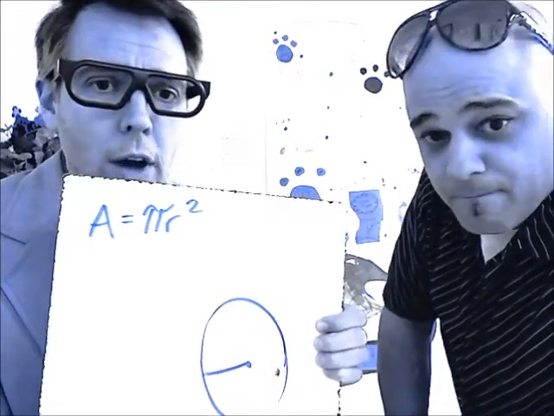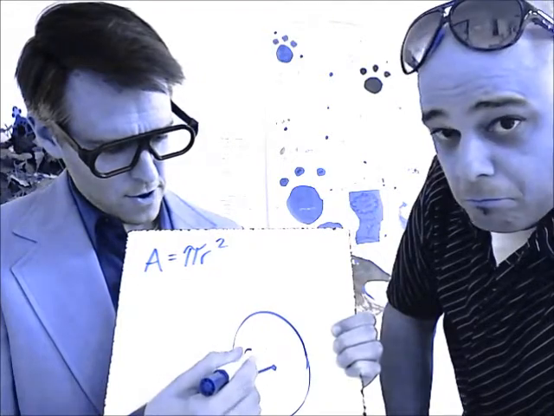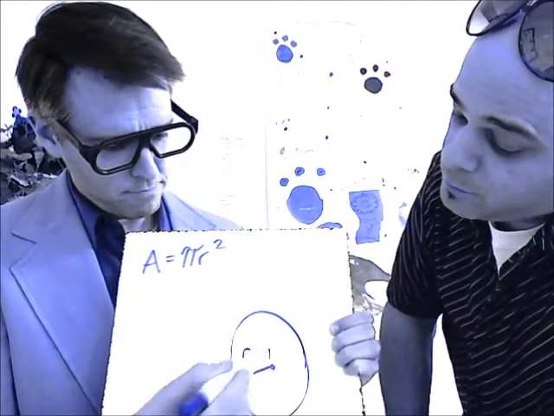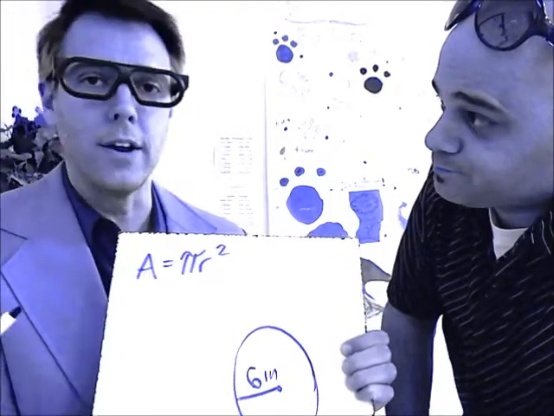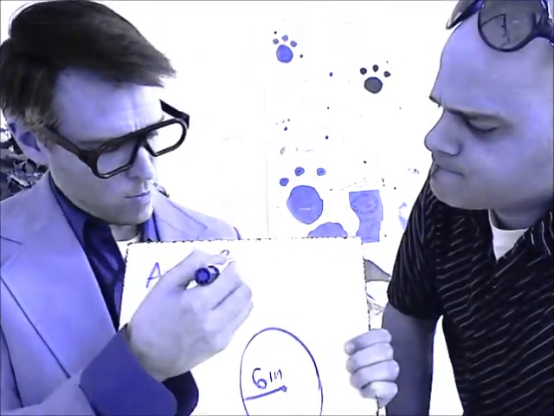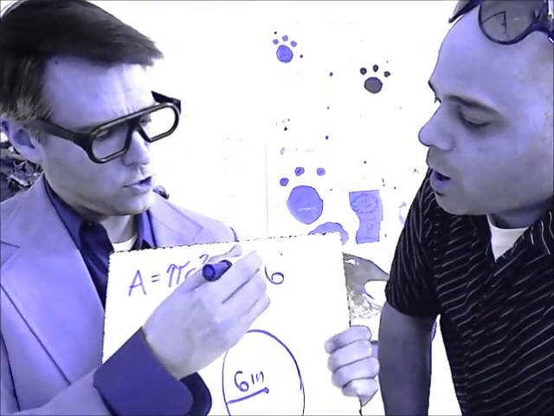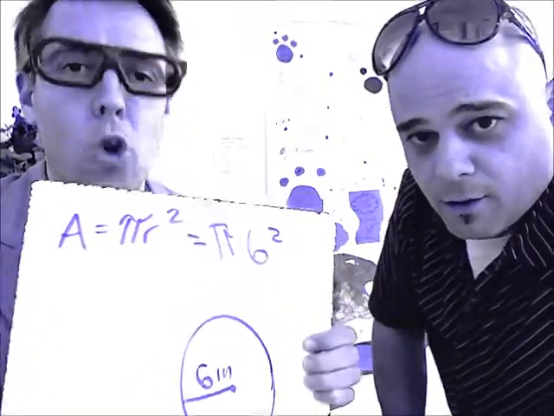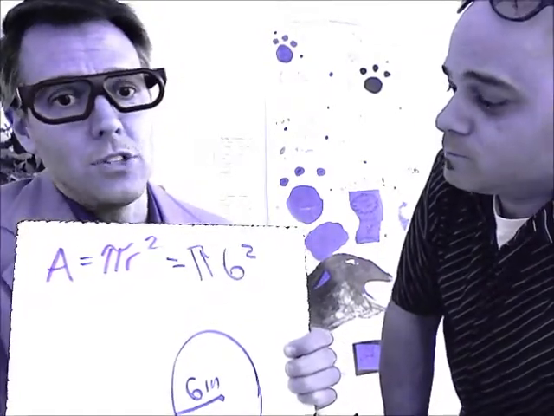So if the radius is, let's say, 6 inches, you're going to say, radius is 6 inches. I'm going to plug that into this r right here, because that means radius. So now I'm talking about pi times 6 squared. We're just plugging into formulas. 6 squared means 6 times 6, which is 36.